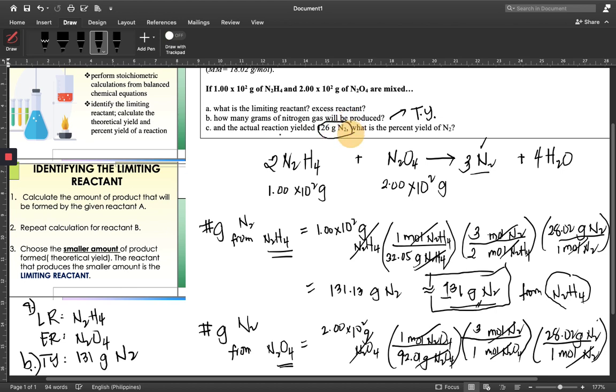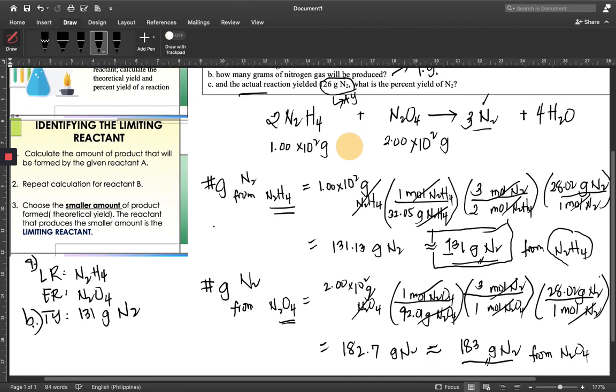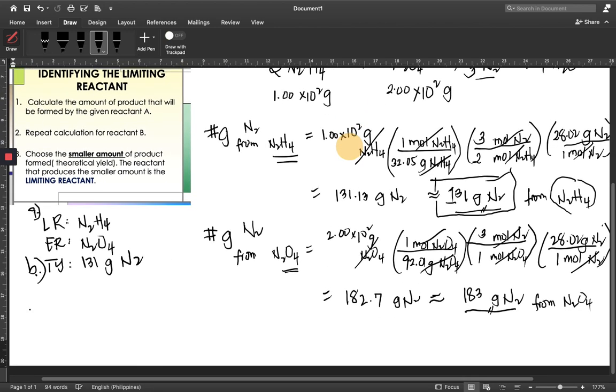This is the actual yield of the reaction. So this is our AY. In getting the percent yield, let me spell it out. It's basically the actual yield, AY, over the theoretical yield, times 100.